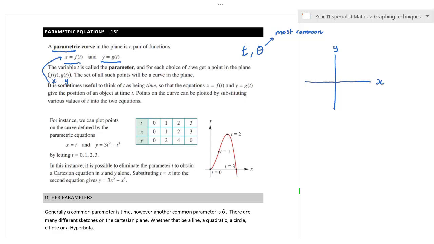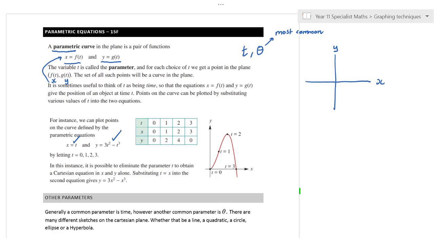Here we've been told that x is equal to t and y is equal to 3t squared minus t cubed. Can I just ask, what's the parameter in this one? The parameter is t, yes?